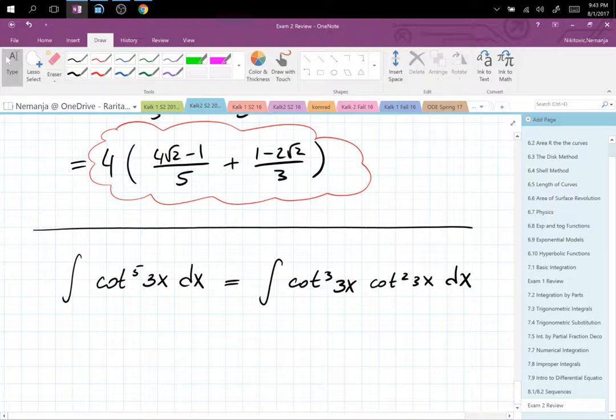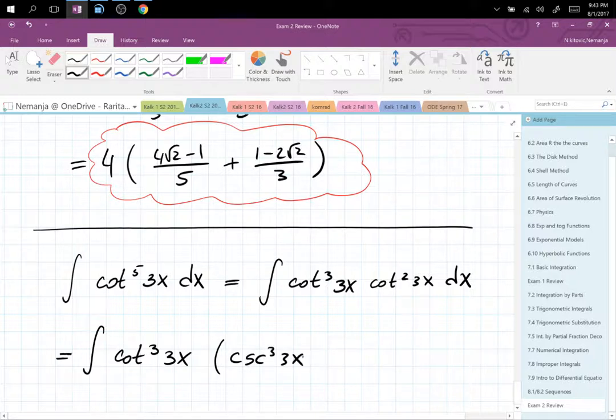From here, if the identity doesn't work out, you have to do integration by parts. So the identity here is: leave the cotangent 3x alone, and the identity for the cotangent squared is cosecant squared 3x minus 1, dx.